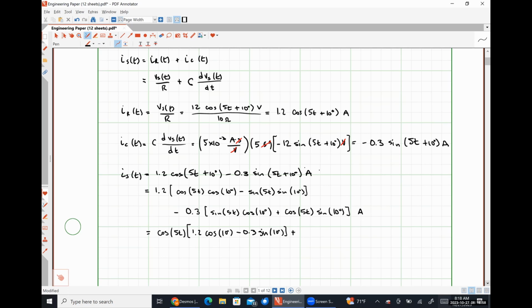Now I'm pulling out my sine of 5t. For that, I'm going to have a negative 1.2 times sine of 10 degrees, and then a negative 0.3 cosine of 10 degrees.